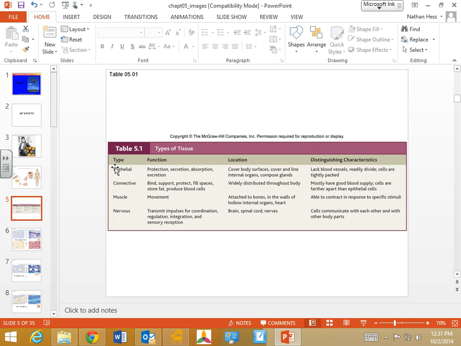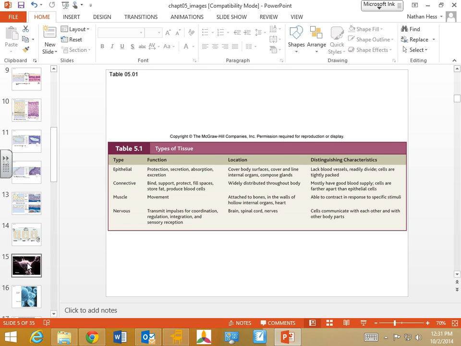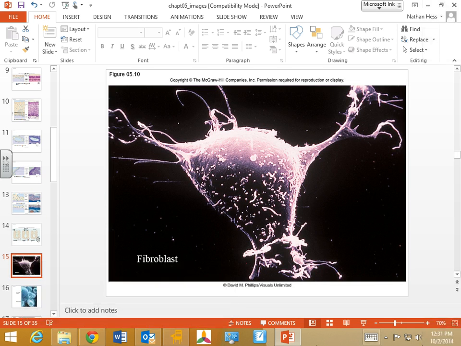So we've covered epithelial tissues. Now we're going to cover connective tissues. There's a good amount. This is a fibroblast. By the way, this is a very zoomed in picture. Your textbook says this is 4,000 times zoomed in. Quite small. What does a fibroblast do?